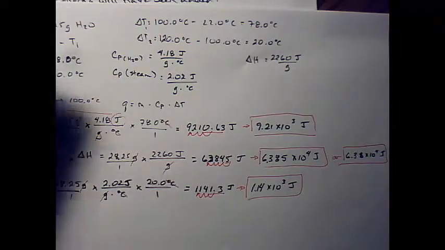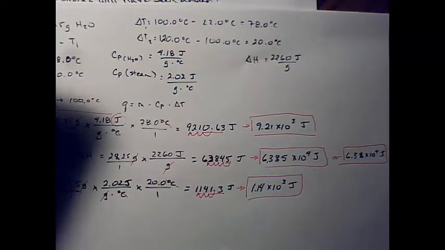I'll accept either answer. So let's see. 9.21 times 10 to the third plus 6.385 times 10 to the fourth plus 1.14 times 10 to the third.